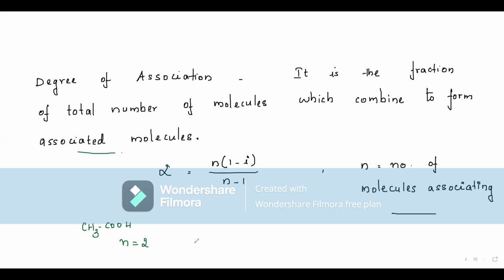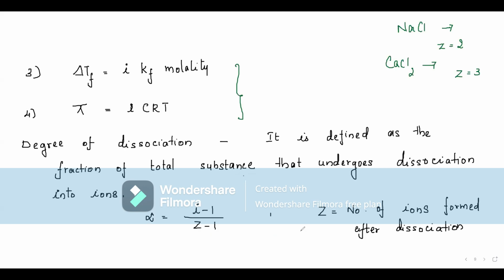So this process is called association or dimerization, to be very specific. 2 molecules are joining together and it exists as one unit. If 3 molecules combine together and exist as one, it's called trimerization. All right. So this formula is important. These are actually the easiest method of calculating the degree of dissociation as well as association.